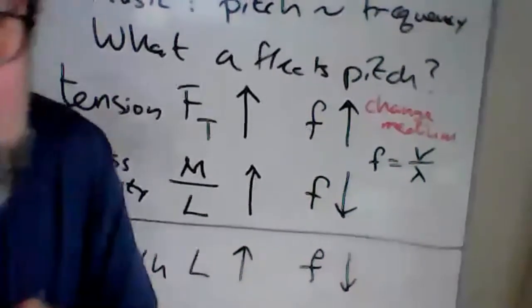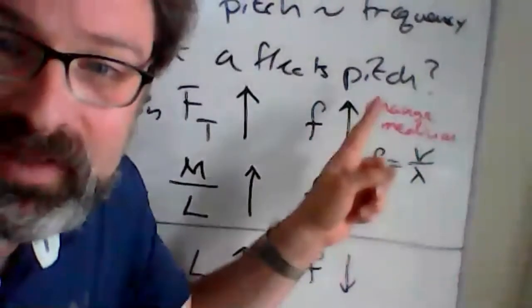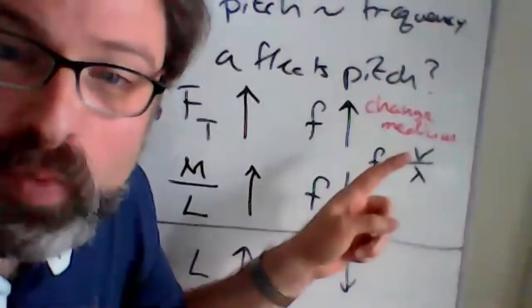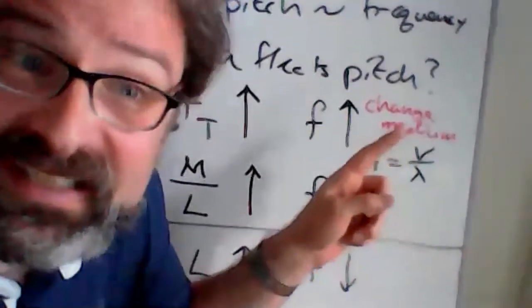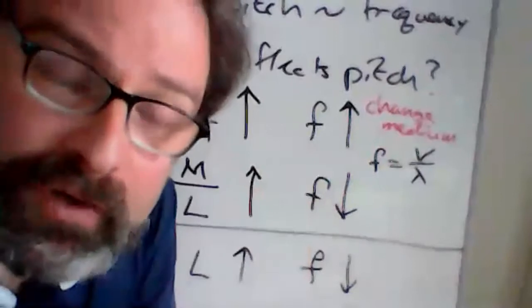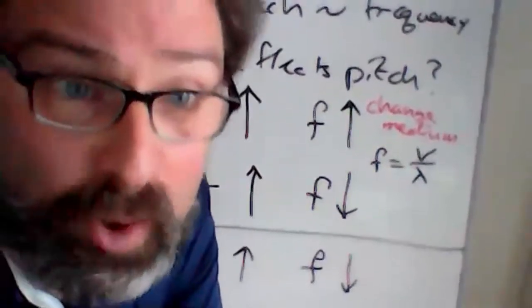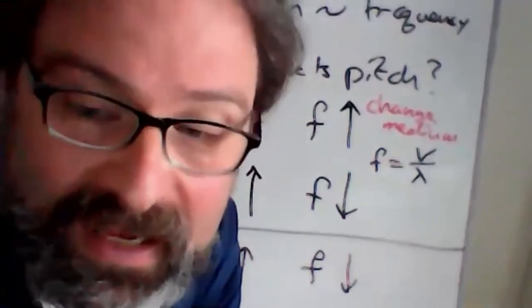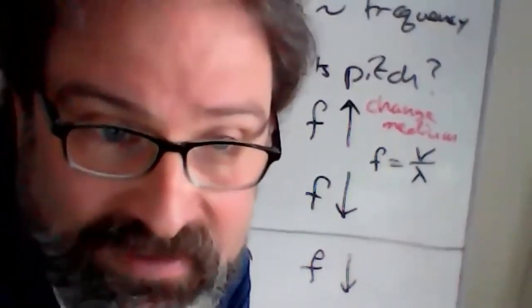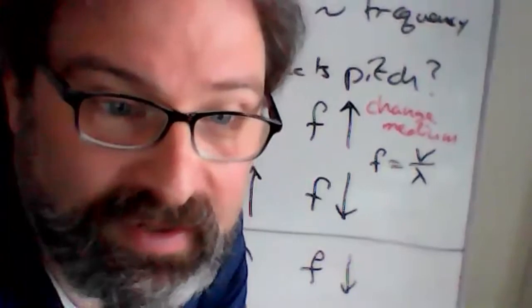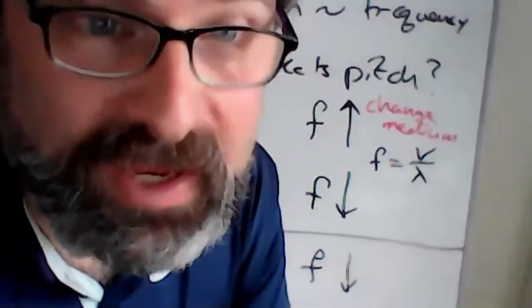When we're changing the medium, we're changing the wave speed because it's a different medium. You might have heard, for example, that sound waves in railroad tracks travel really, really fast. It might be tempting to put your ear on a railroad track, like sometimes they do in old movies: the train is coming, I can hear it.